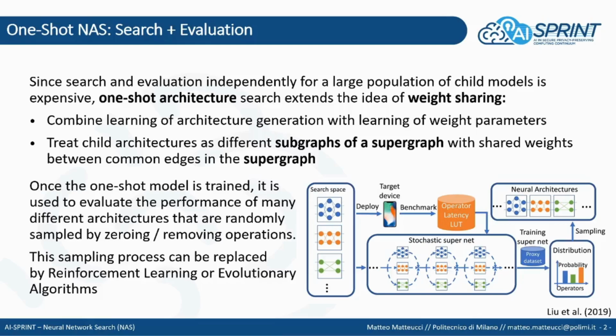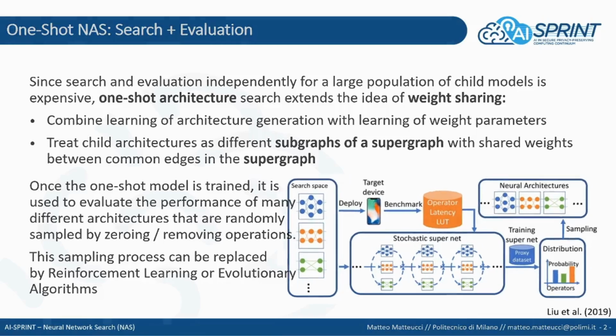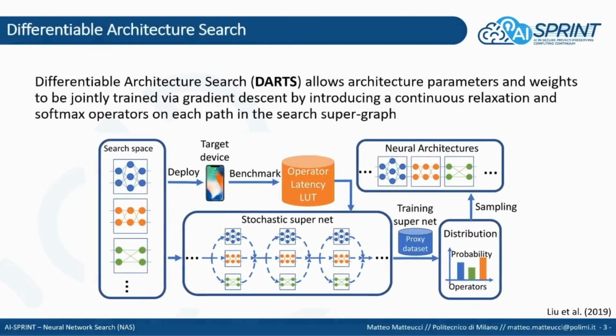So we just need to train a big model and then hide pieces of this model to test different architectures. Instead of training a lot of small networks, let's train a big network and generate the small networks as subparts of this big model.